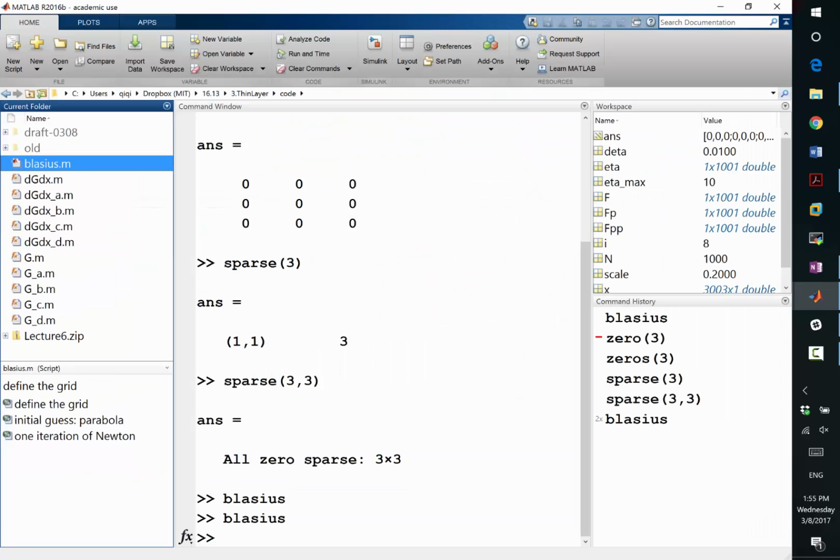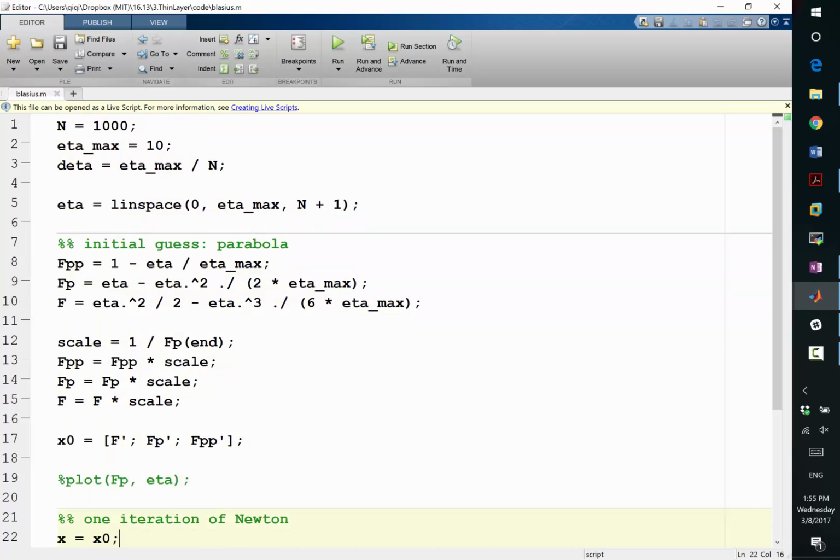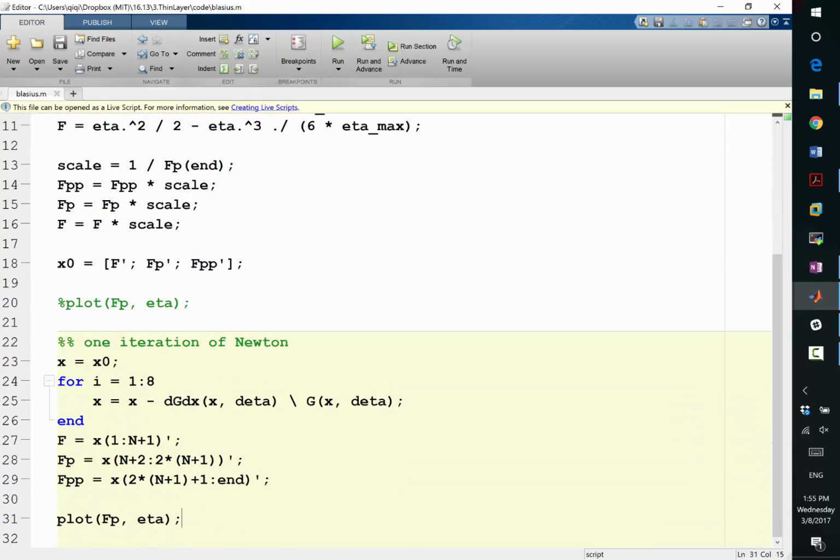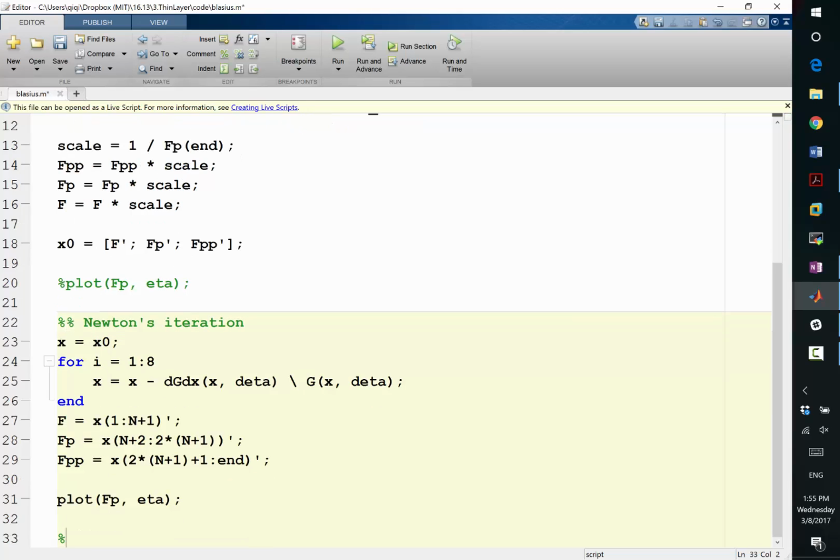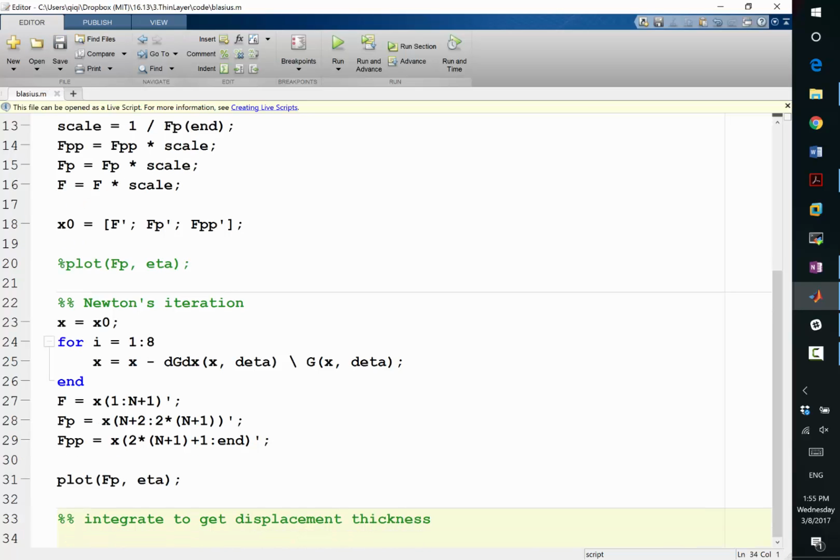So we have Blasius, and this is no longer one iteration, this is just a Newton's iteration. After I plot it, let's integrate to get the displacement thickness, the non-dimensional thickness.